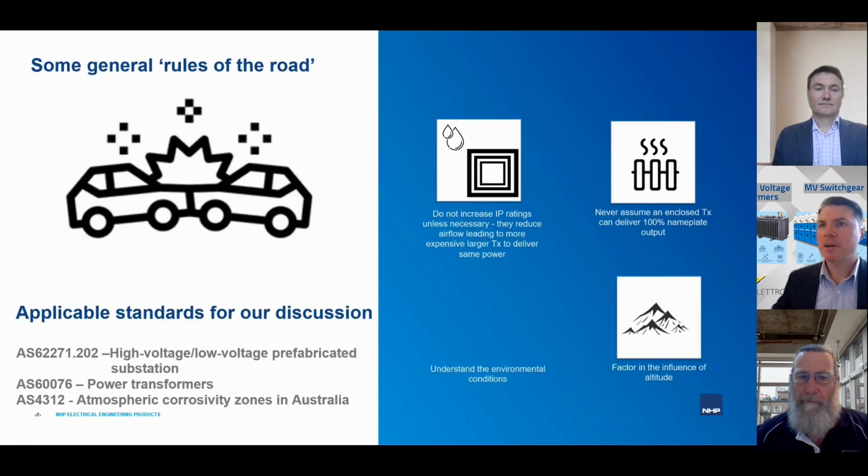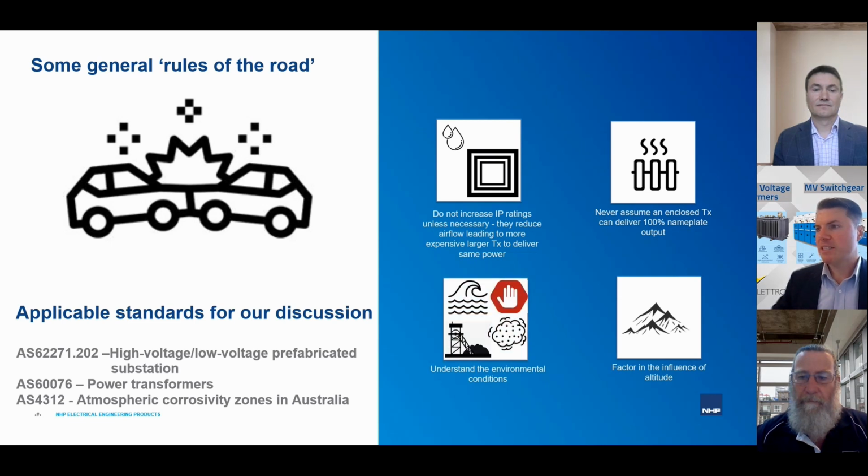Now, before we get into the main body of the presentation, I just want to get across some of what we're calling the general rules of the road. These are 4 points that we'll expand upon throughout the presentation, but just as general high-level concepts. First point, we don't want to be increasing the IP ratings of our enclosures unnecessarily.